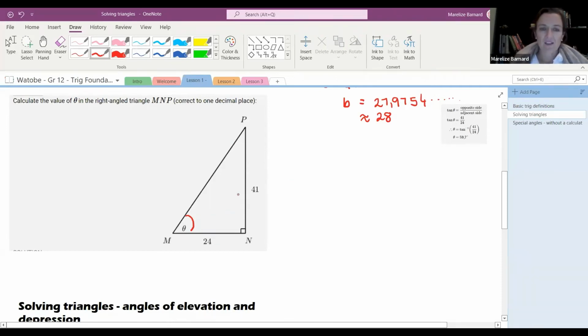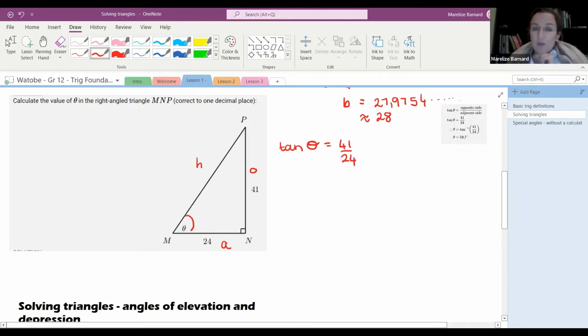Okay, so we are going to use the opposite. Here's our hypotenuse. Here's our adjacent. So we are going to make a ratio with the opposite and the adjacent because those are the two sides that were given. So tan of theta is opposite over adjacent, 41 over 24.